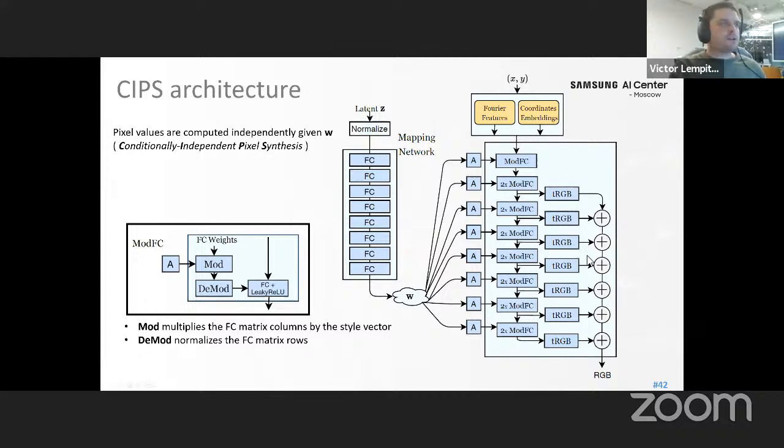Unlike StyleGAN, here we have a non-convolutional generator which essentially generates the color of each pixel independently from all other pixels. To generate the color of a pixel, we take its coordinate x, y and pass it through a number of sine wave activations with learnable frequencies and biases.